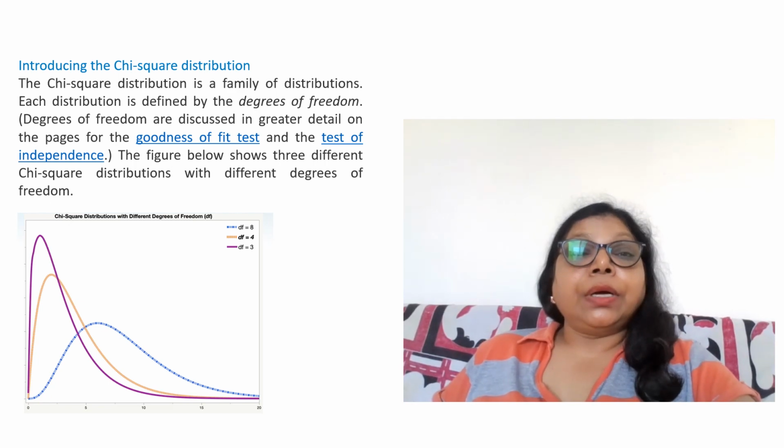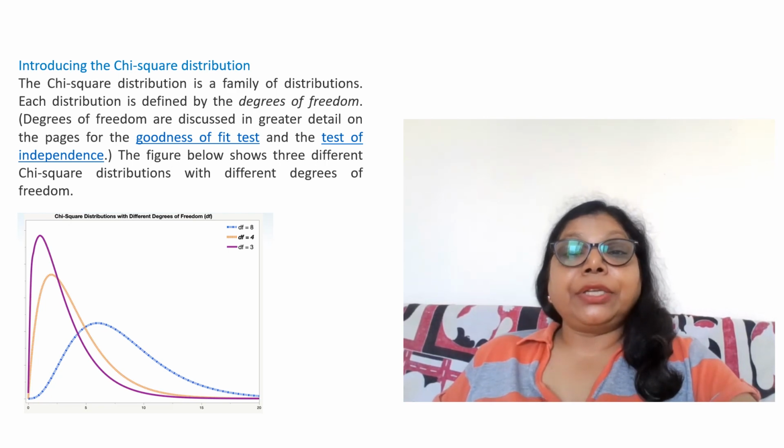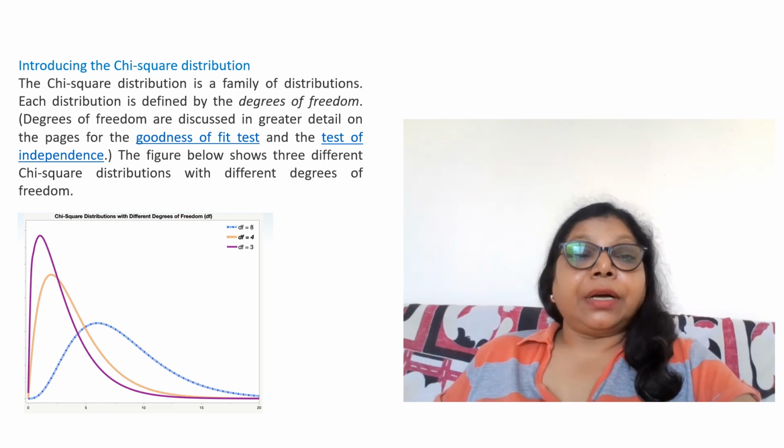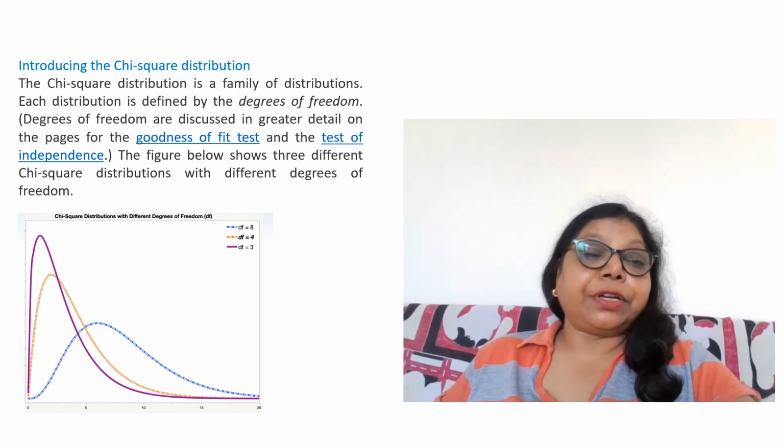Coming to the chi-square distribution, it is a family of distributions. Each distribution is defined by degrees of freedom. We already have seen what it is. Here we can see in the graph three different chi-square distributions with three different degrees of freedom.